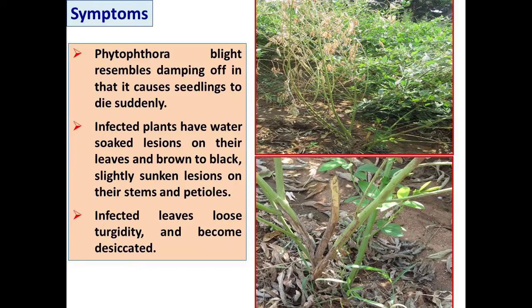The pathogen infects the foliage and stems but not the root system. The primary source of infection of this Phytophthora blight is soil-borne dormant mycelium or soil-borne oospores present in the soil, and the secondary source of infection is zoospores released from sporangia.